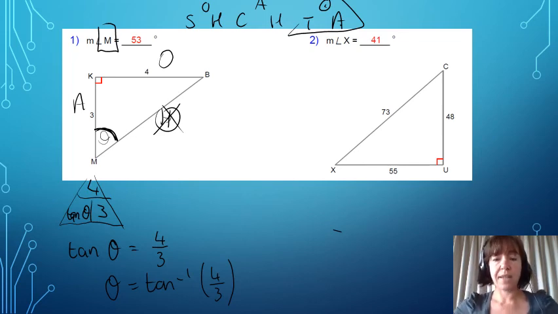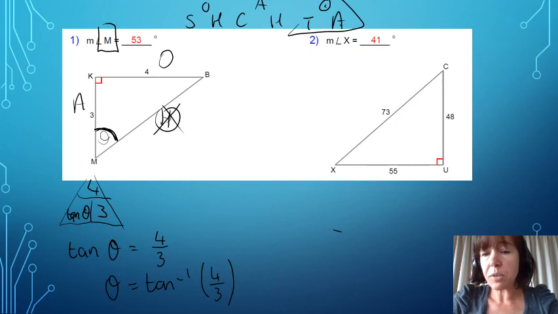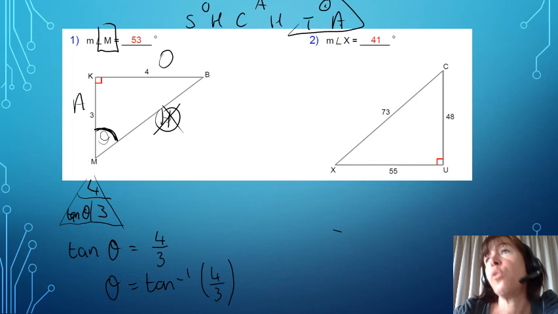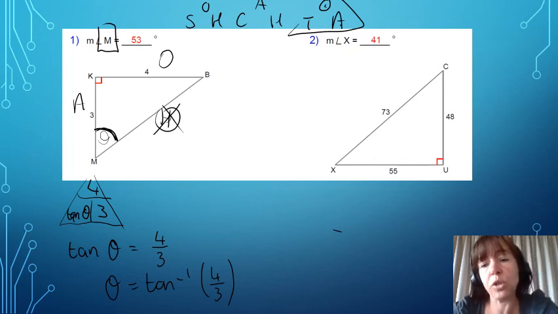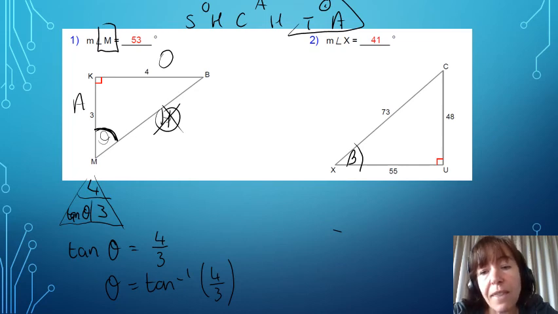Now, the next one is an interesting one. So I want you to just have a look. The difference between this one and the one previously is they've actually given us all 3 of the sides. So we can choose whichever formula or whichever ratio we want to use because we're trying to find the x. So I'm just going to put beta in there because I've done theta already. So from here, this is my opposite, this is my hypotenuse, and this is my adjacent.